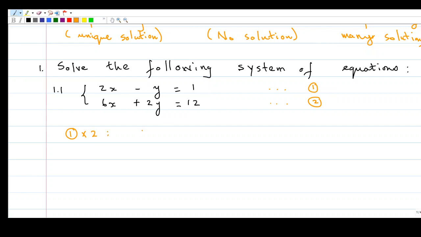So that's going to give me 4x minus 2y is equal to 2. Then writing down equation 2, we'll call this one equation 3, and this one equation 4.